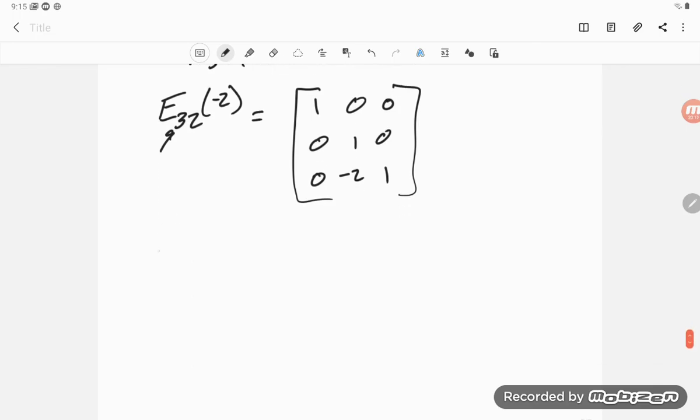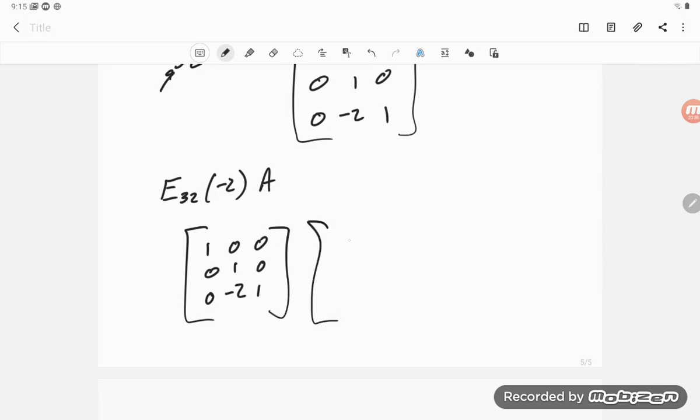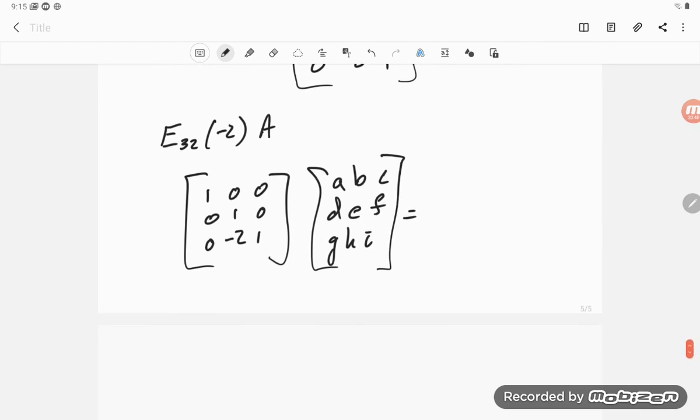Now let's take our E32 of -2 times A and see if we get what we're supposed to get. So we have 1, 0, 0, 0, 1, 0, 0, -2, 1 times A, B, C, D, E, F, G, H, I. And the first 2 rows, you know, that's just the identity working there.